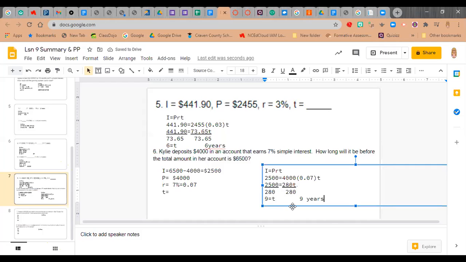So the 8.9 would round up to 9 because you would round to the nearest year. If you had put 8.9, I would have counted it right. Okay, make sense? Questions you have? All right, can I move on? Anybody need more time?